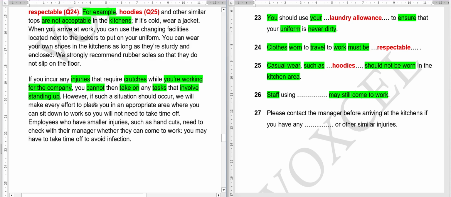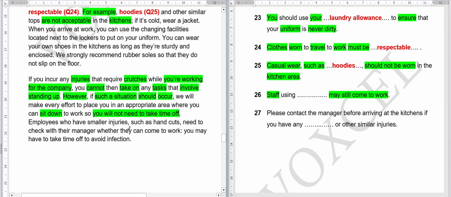However, if such a situation should occur, we will make every effort to place you in an appropriate area where you can sit down to work, so you will not need to take time off. They're saying that if you face this kind of situation, the restaurant will make every effort so that you will be doing jobs in which you can sit down, and you will not need to take time off.